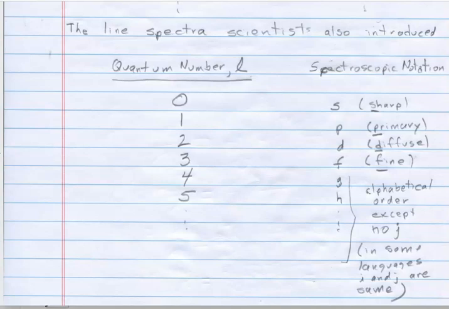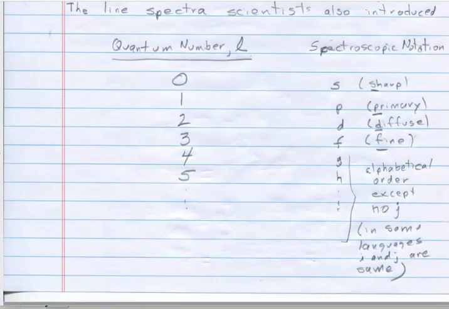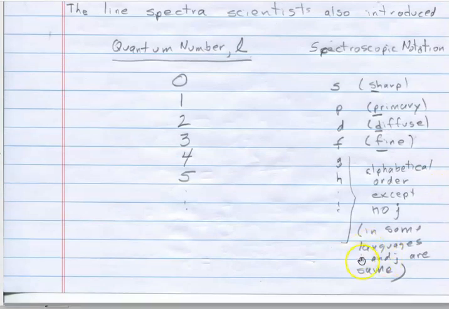The reason there's no J state is that in some languages I and J are essentially the same letter, and so, in the first scientifically politically correct decision, they decided to omit J, to make people from countries that didn't have both an I and a J feel more comfortable, I suppose.